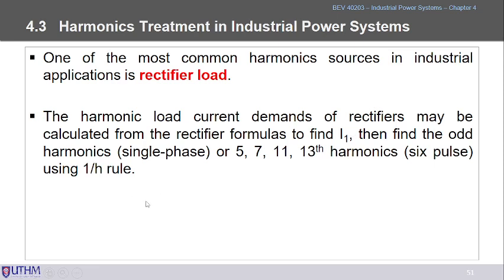So 1/5 times 100 means we can expect the 5th order harmonic current is 100 divided by 5, which is 20 ampere. So this is how the 1/h rule plays.